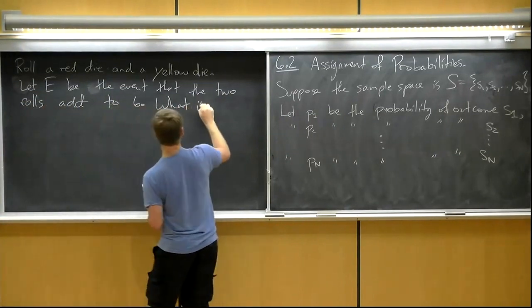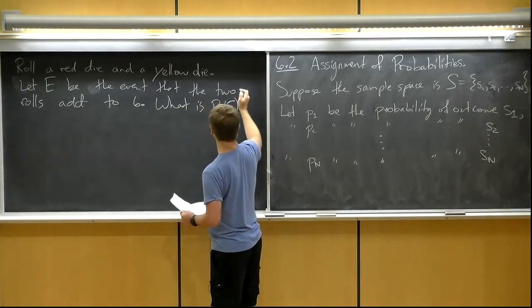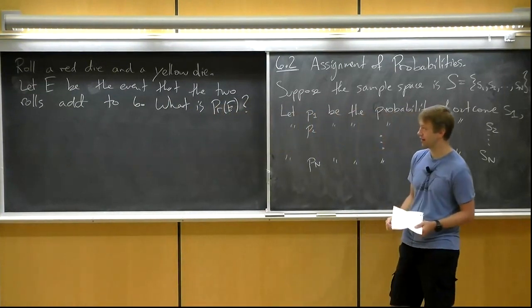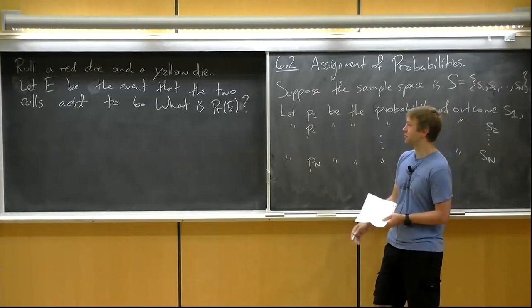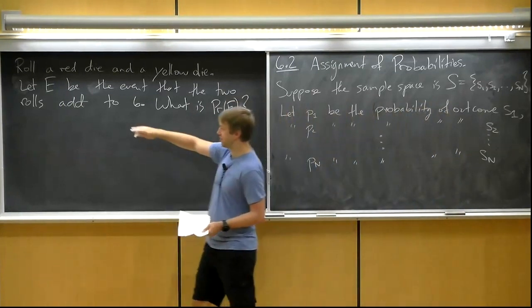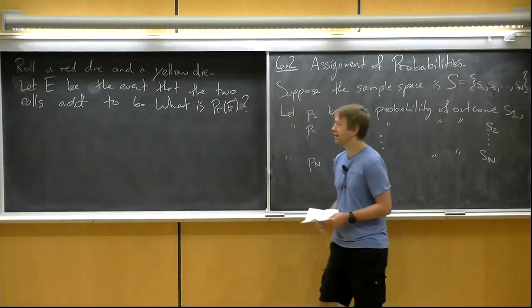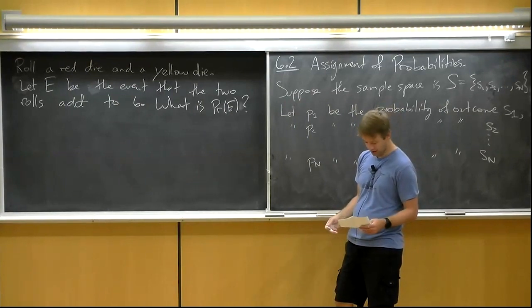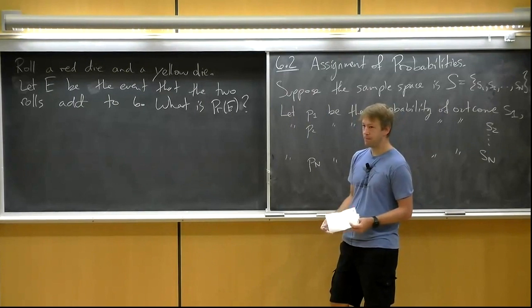Right? And then you can say, what is the probability of that event? Okay. And obviously, if you're not told any specific things, you should assume these are six-sided dice. They're fair dice and whatever.